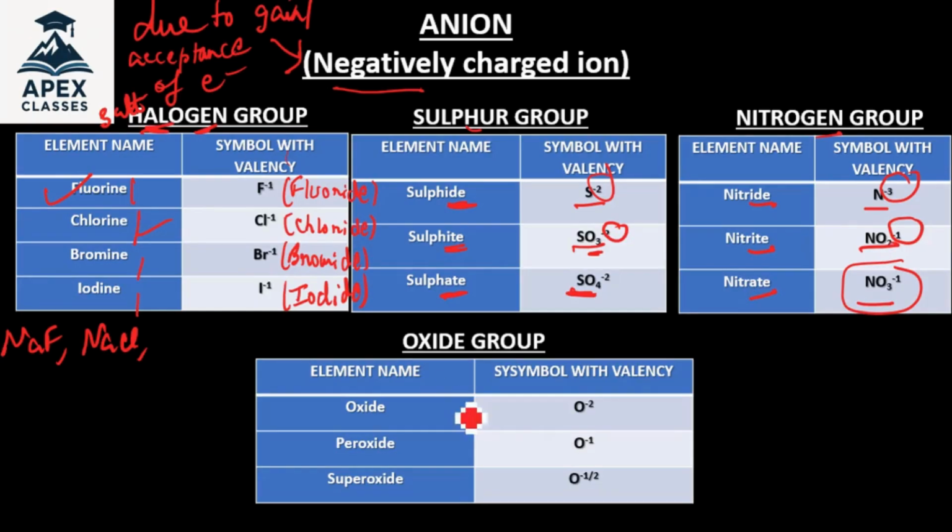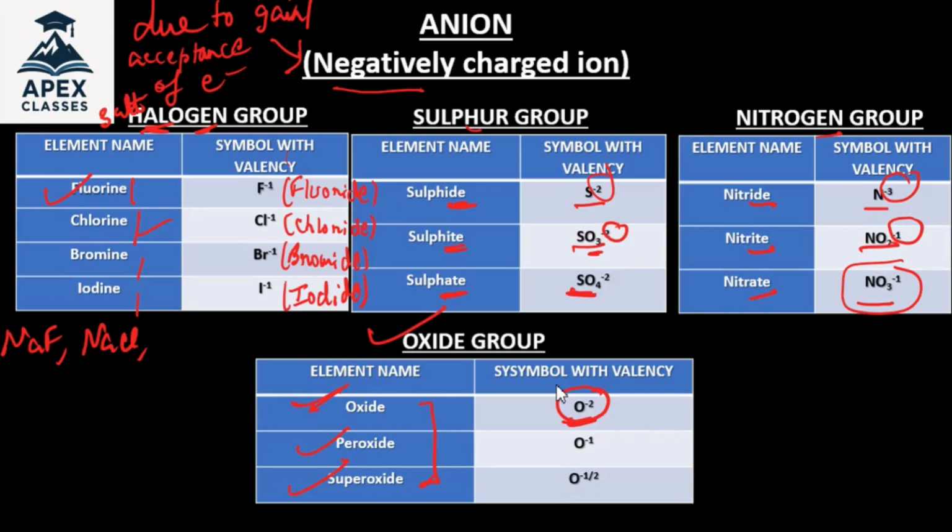Now coming to another important group, the oxide group. We have oxide, peroxide, and superoxide. When oxygen exists in these three forms, what will be the symbol and valency? In the oxide form it is O²⁻.